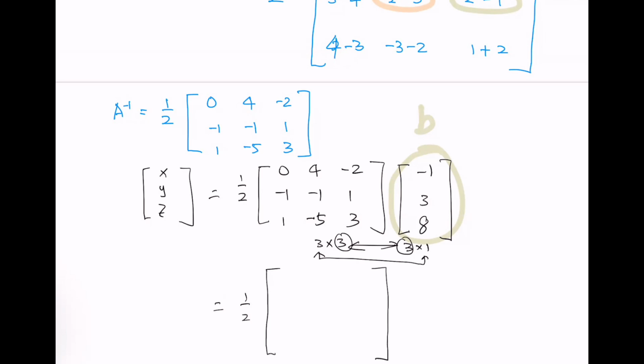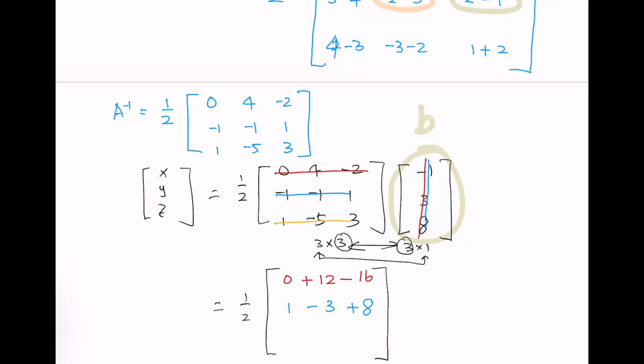The first row is this times this: 0 times -1 is 0, plus 4 times 3 is 12, plus -2 times 8 is -16. Second row: -1 times -1 is 1, -1 times 3 is -3, 1 times 8 is plus 8.